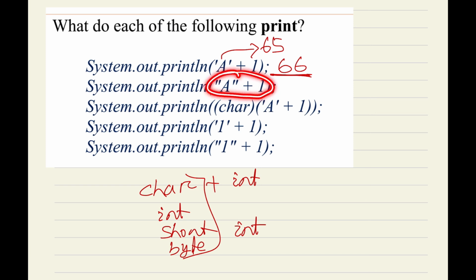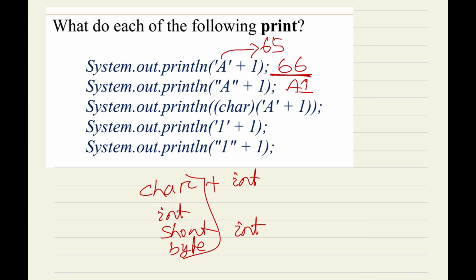We have discussed that if any one of the operands of the plus operator is a string, then the result is a string and the operator concatenates the two operands. So a1 is concatenated and the output will be like this, a1. The sum is not performed here because this is a string.